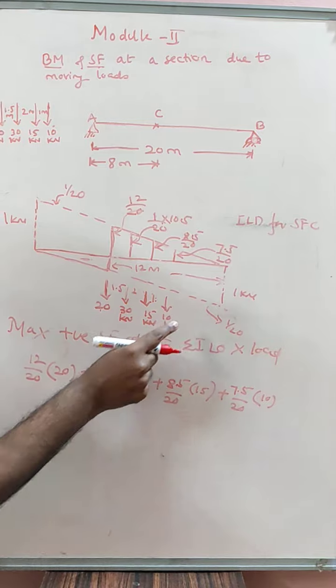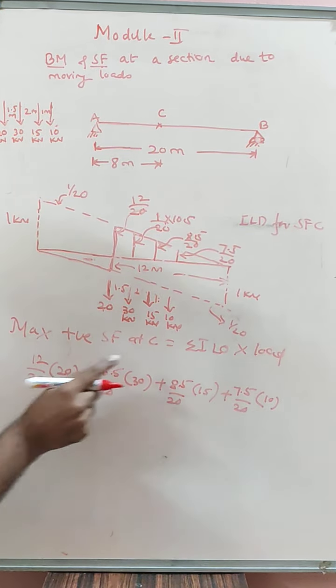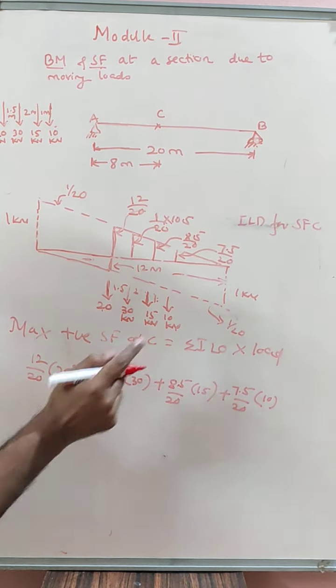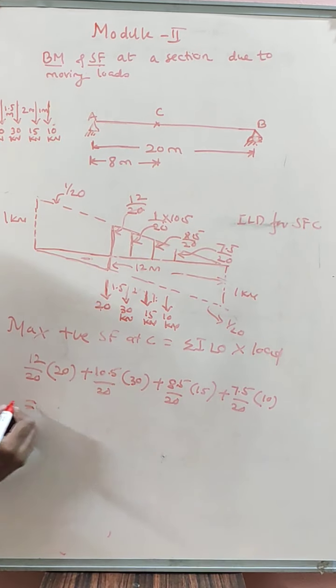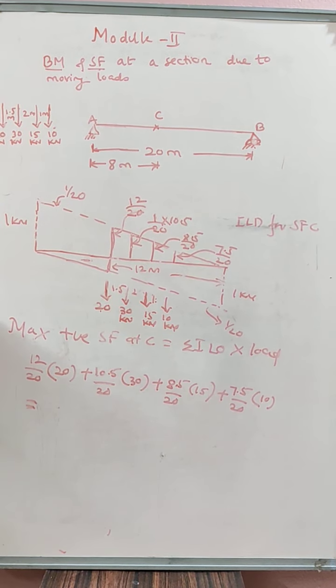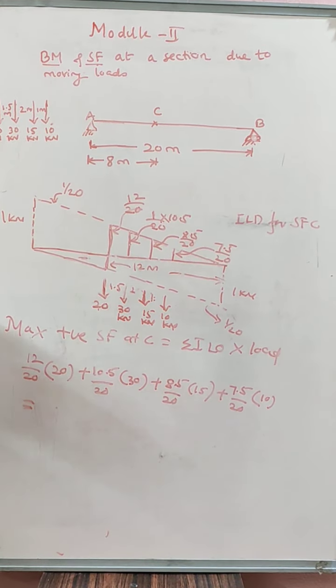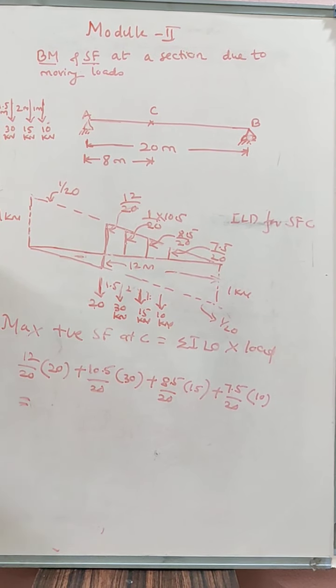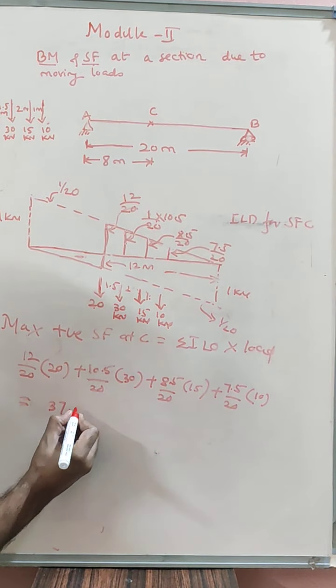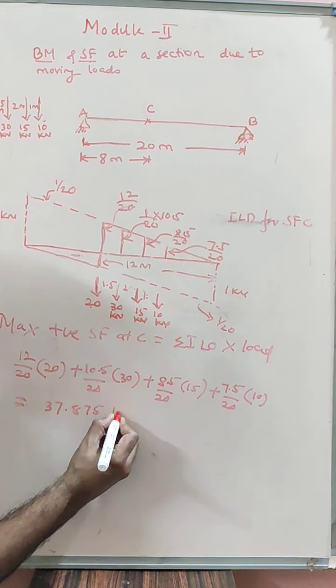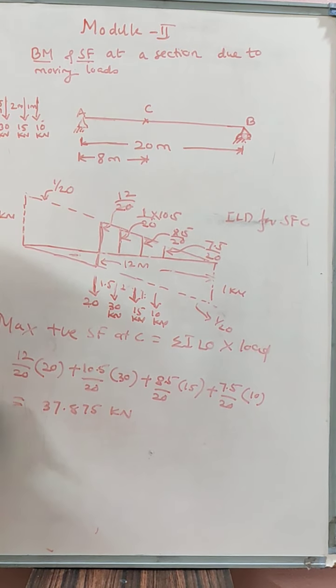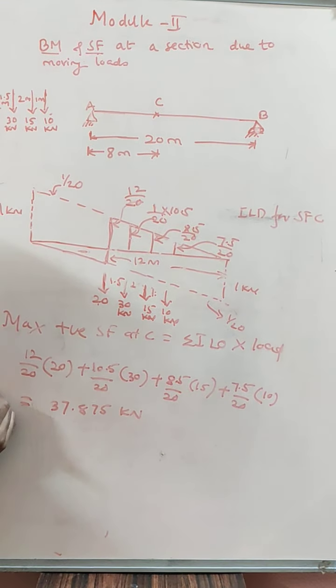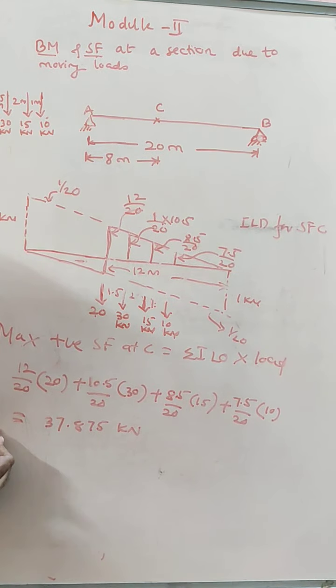Ordinates with loads 20, 30, 15, 10. So do the calculation. You are going to get the maximum shear force at C equal to 37.875 kilonewton.